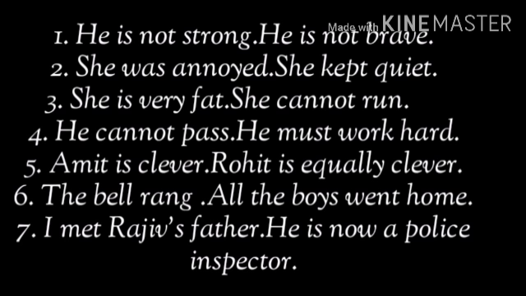So see, you have to look for different options and you have to choose the most appropriate word to combine both the sentences. We can see the next one. She is very fat. She cannot run. So we have different options, like we can write it as: She is very fat, so she cannot run. But then we are not allowed to use so, right?